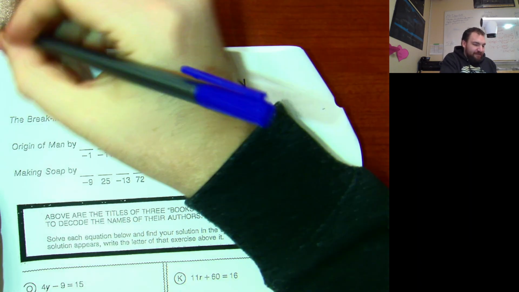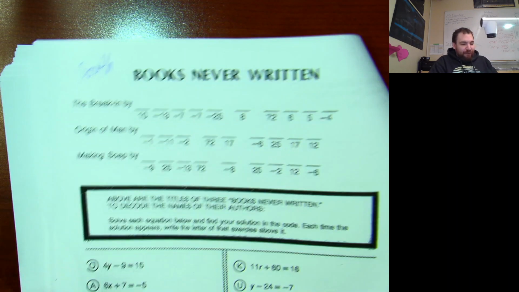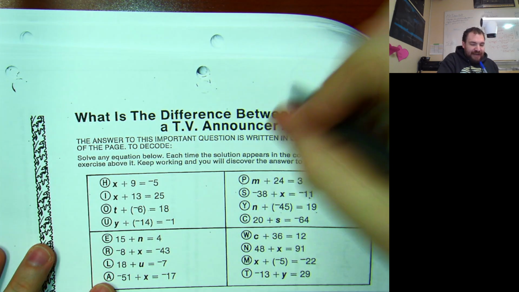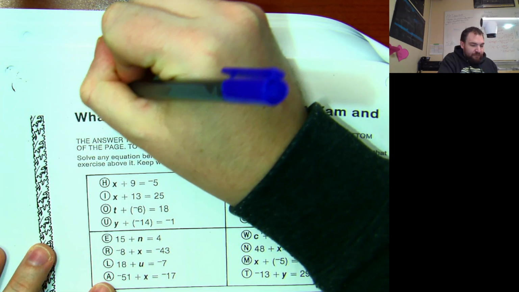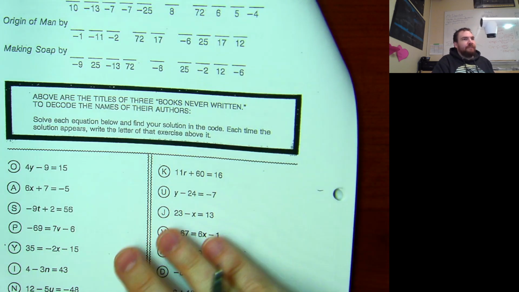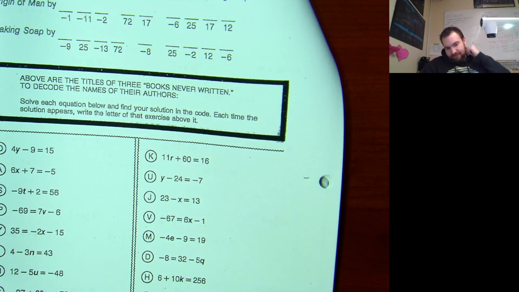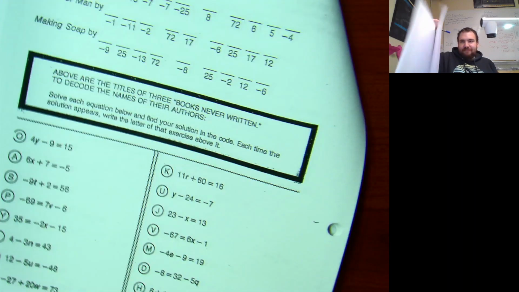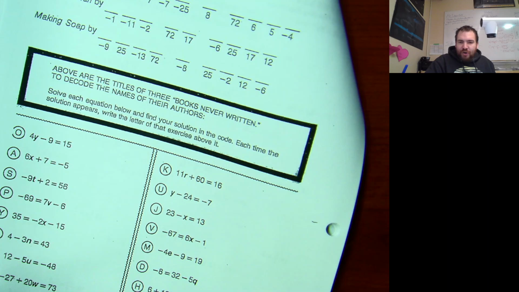South side, you're going to look at books that were never written. And north side, you're looking at the difference between a yam and a TV announcer. I don't know, we'll see how things go. We'll see how it goes.